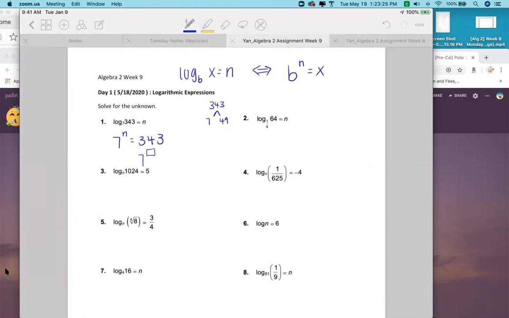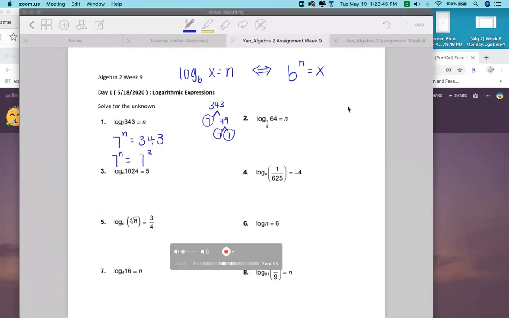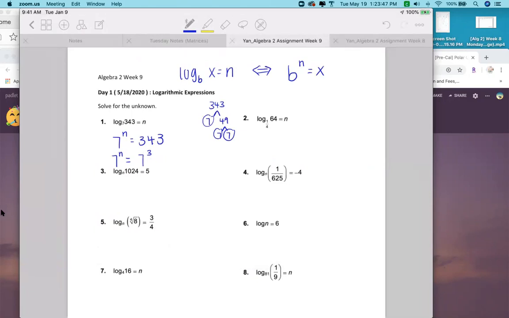Good. And 49, if I keep breaking it down, would be 7 and 7. And you know these three are prime numbers. So I know 343 is the same thing as saying 7 to the third power. Okay, so I'm going to drop down my 7 to the n. So you see, now that we have exactly the same base, I can set my exponent equal to my exponent, and that's your answer.